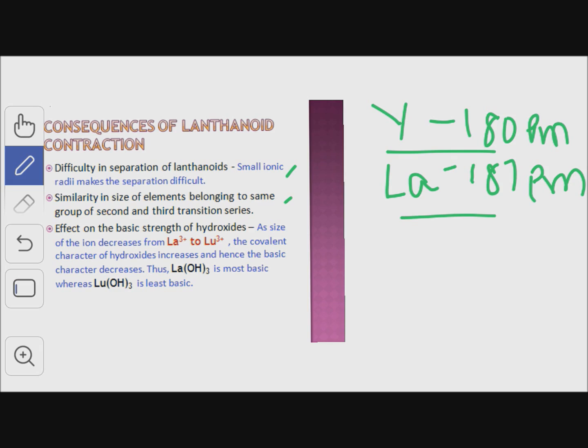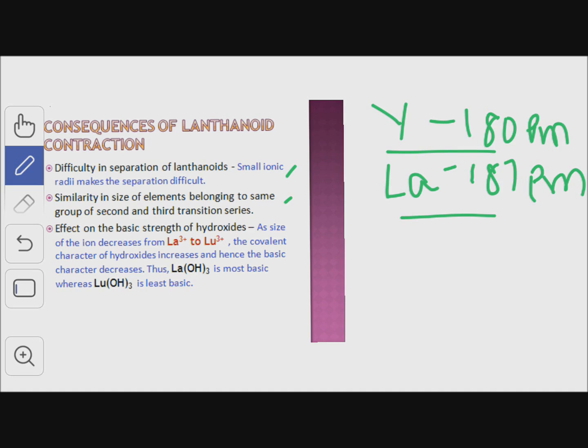Next is the effect on the basic strength of hydroxides. As the size of the ion decreases from lanthanum 3 positive to lutetium 3 positive, the covalent character of hydroxides increases, meaning sharing of electrons increases, and hence the basic character decreases.